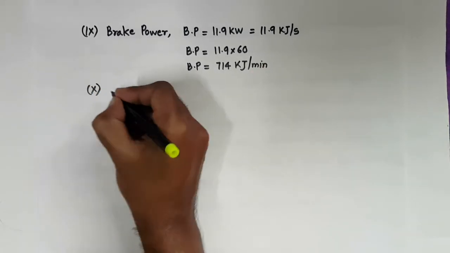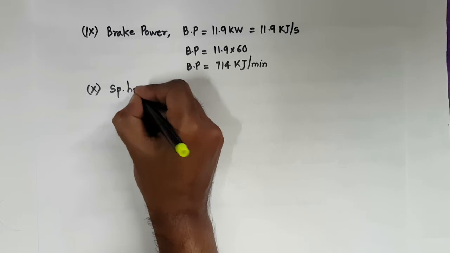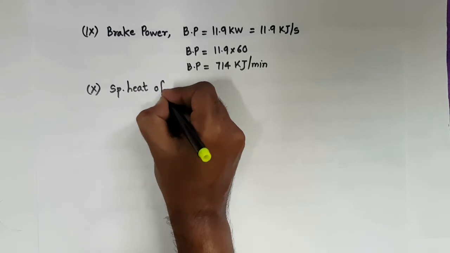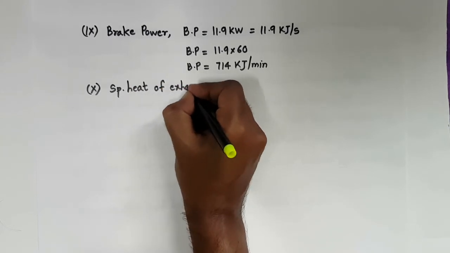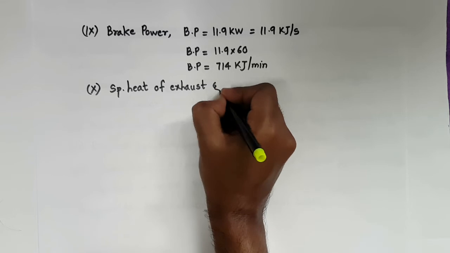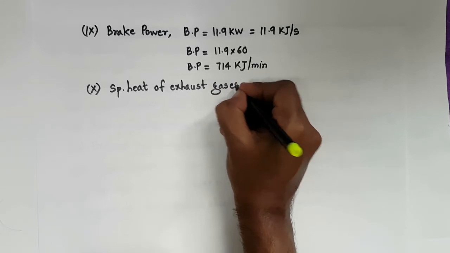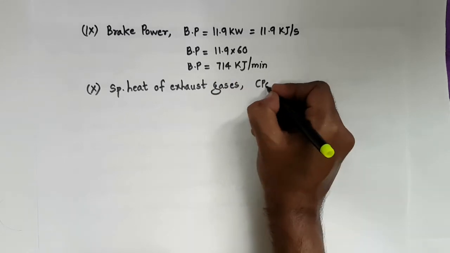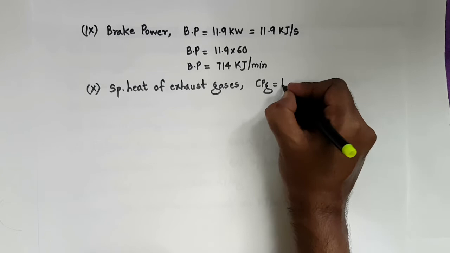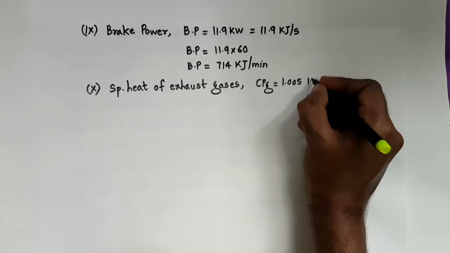Then next thing, specific heat of exhaust gases, that is CPG, 1.005 kilojoule per kg Kelvin.